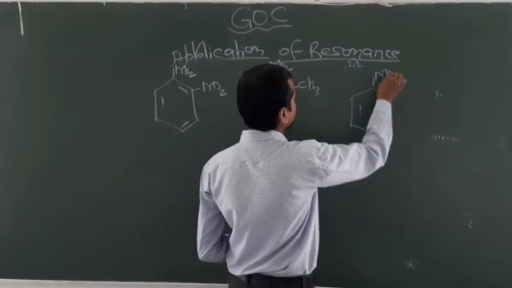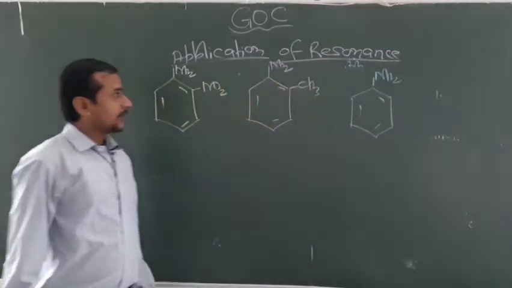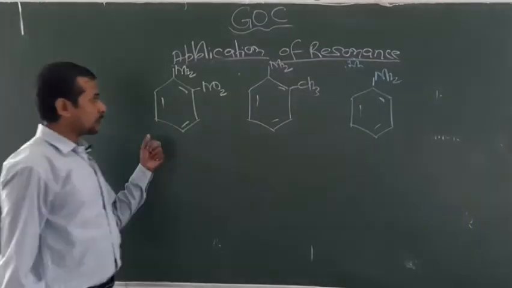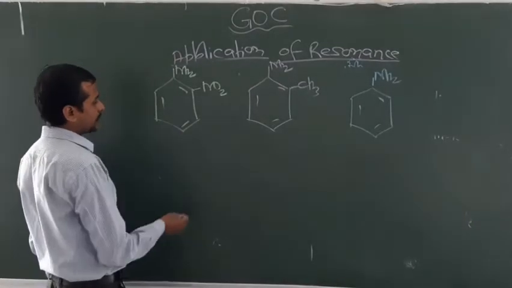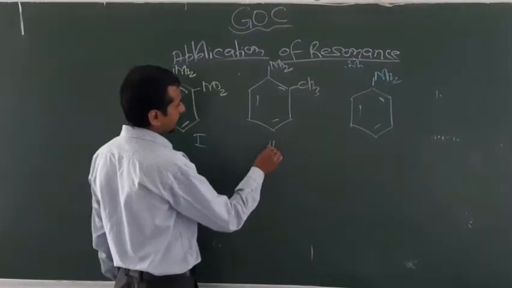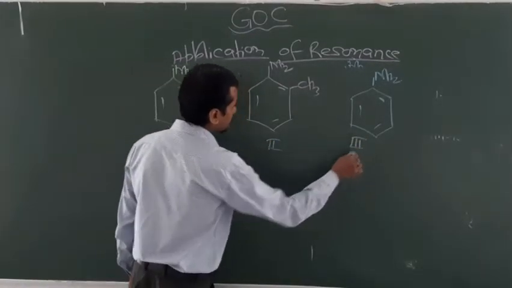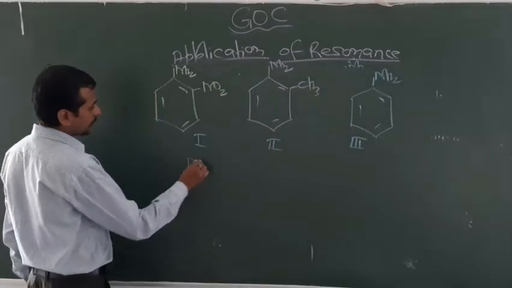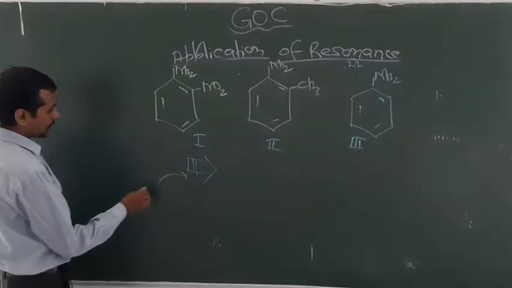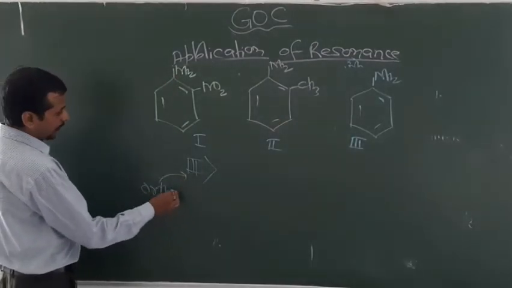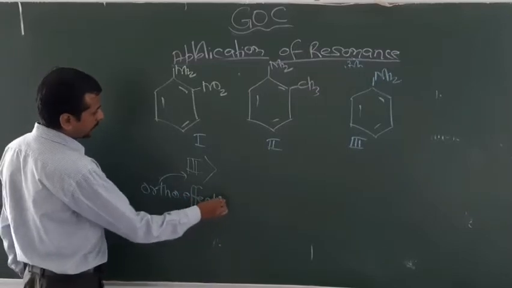So out of 3, which is more basic? Due to the ortho effect, aniline is always more basic than the other 2. So this is first, second and third. Now the third is more basic than the first and second due to the ortho effect.